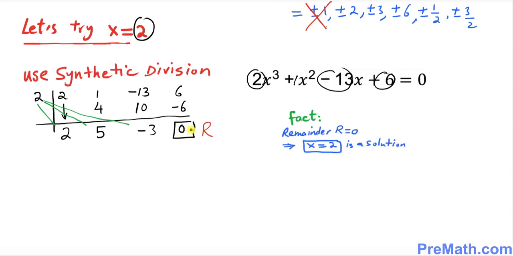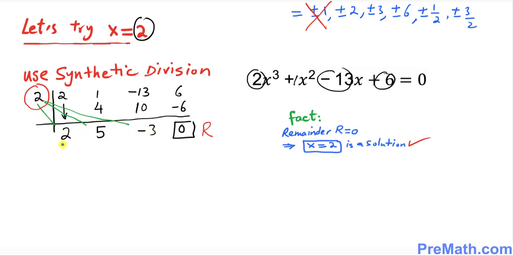And now since the remainder turns out to be equal to 0, I want you to use this fact. If the remainder is 0, then this given x equals 2 is indeed our solution. So we figured out one of the solutions, which is x equal to 2. Now our next step is I want you to look at these numbers that we got with synthetic division.